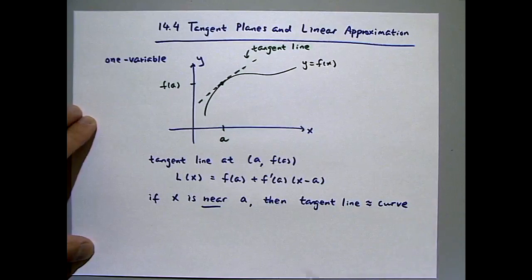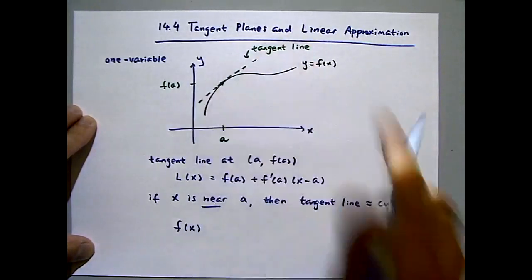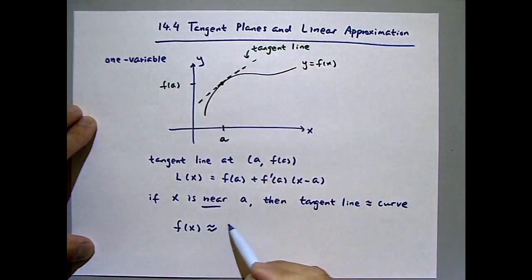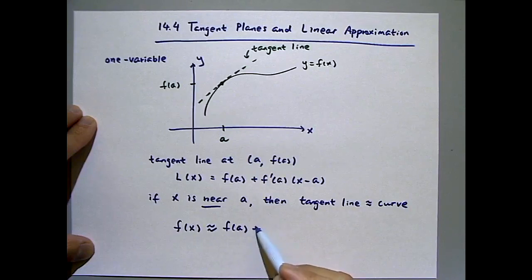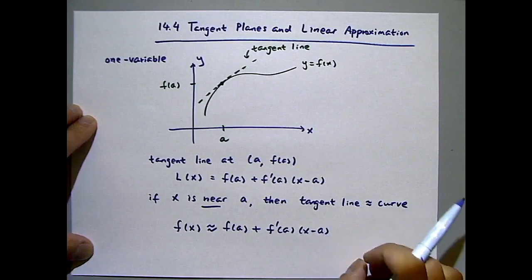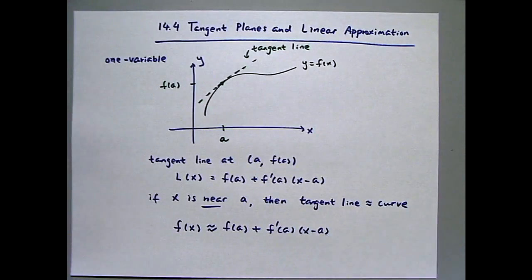So near x is equal to a, we can replace that function with the tangent line. And the advantage is you replace a complicated function with just a line, and a line is very easy to deal with. Okay, you remember this stuff? Yes? Good. We'll use exactly the same idea, now extending this to the three-dimensional case.